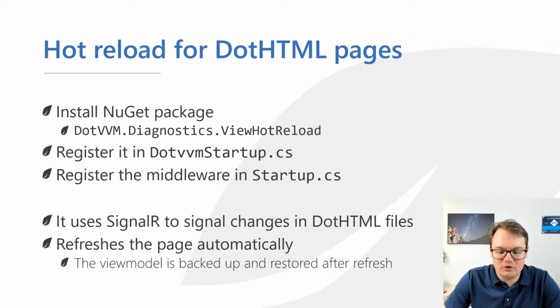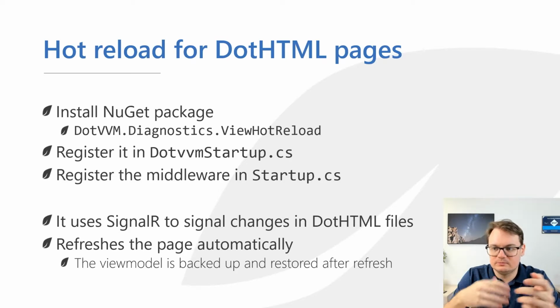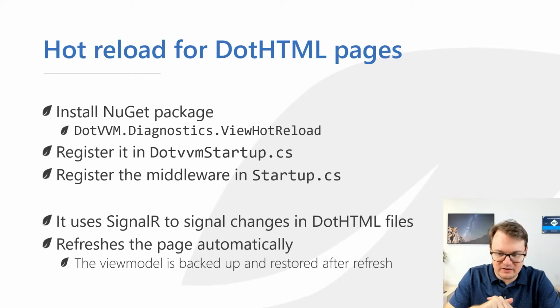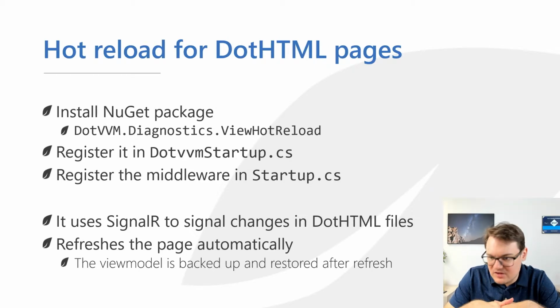So if you want to try this, you can install the DotVVM NuGet package called DotVVM.Diagnostics.ViewHotReload, and you need to register it in 2 places. First in DotVVM startup, which basically just registers DotVVM services and infrastructure. And because this package is using SignalR, you also need to register the middleware in Startup.cs.